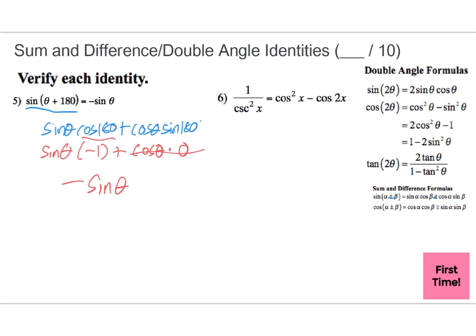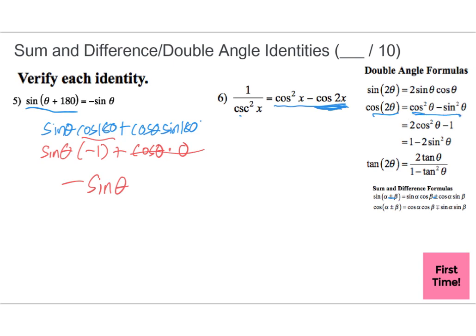Right, for the next one, I'm actually going to take a look at the right side of this, because that's a little bit more complicated to me, and I'm going to use a double angle identity. I've got cosecant, which goes with sine. So maybe I'll take a look at that one, which is going to be cosine of 2 theta. Actually, you know what? This one has both sine and cosine.